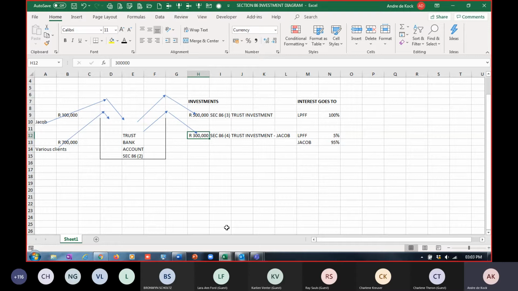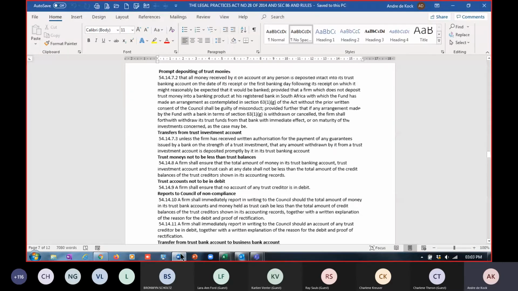He passes a journal entry and he moves money from Zolani to Peter to hide away that debit balance, which is fraudulent again. And that is why you as the practitioner would always say, listen, I want to see a listing of all the journals that you ever pass. And they must have proper authorization. No journal can just be passed willy-nilly by any bookkeeper. It must be authorized by you as the legal practitioner. Extremely important. Okay. So now let's just go back to section 86.4 again.